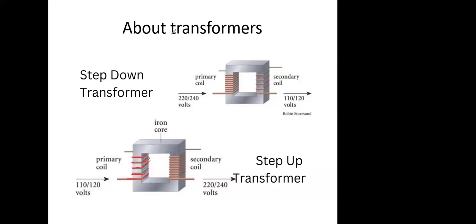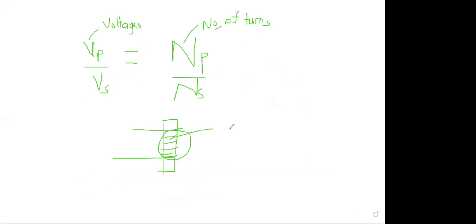So someone is asking me what is the name of the formula. The formula is the transformer equation, and it helps in calculation of values, questions that will involve transformers.